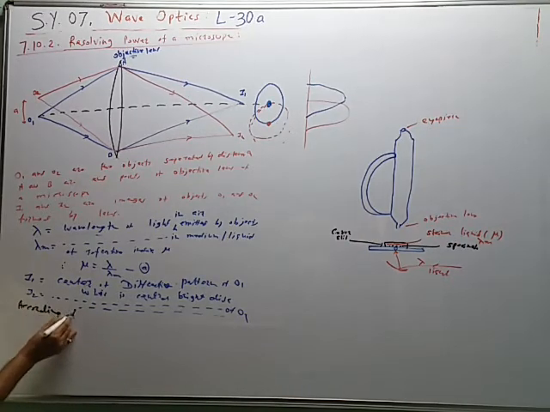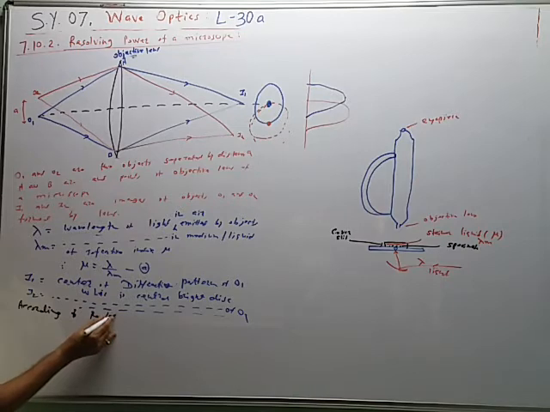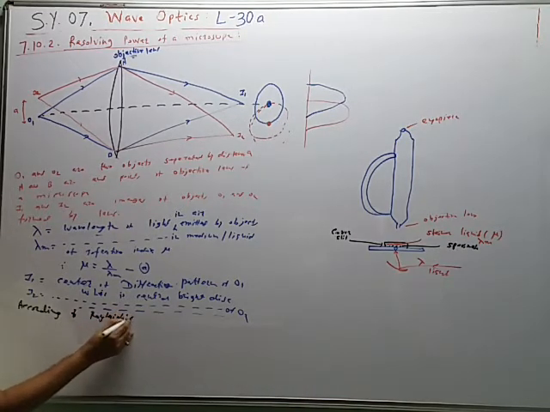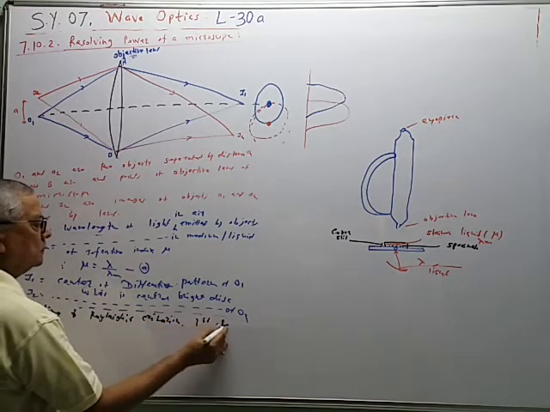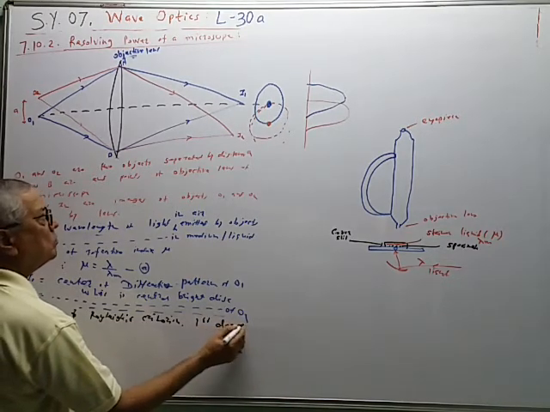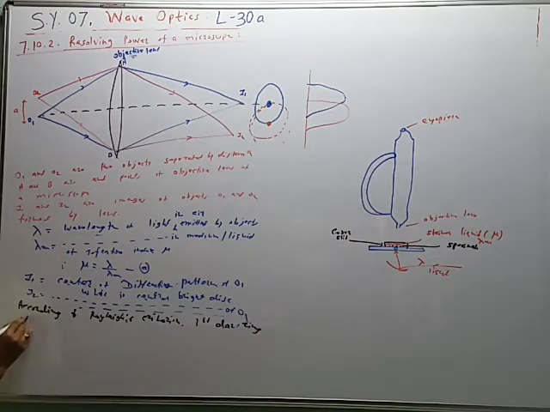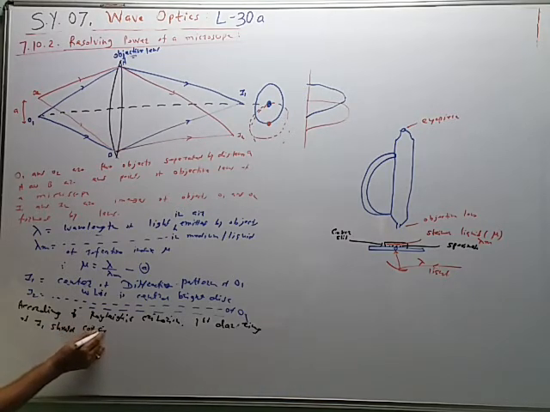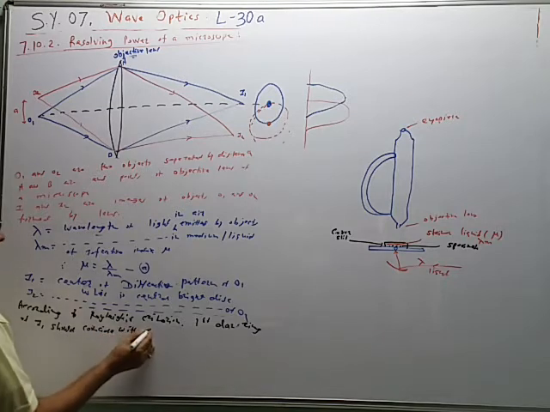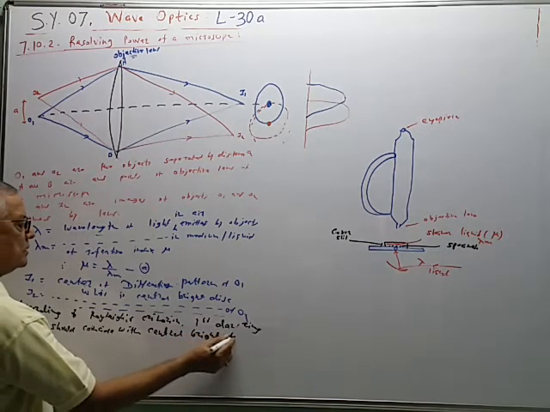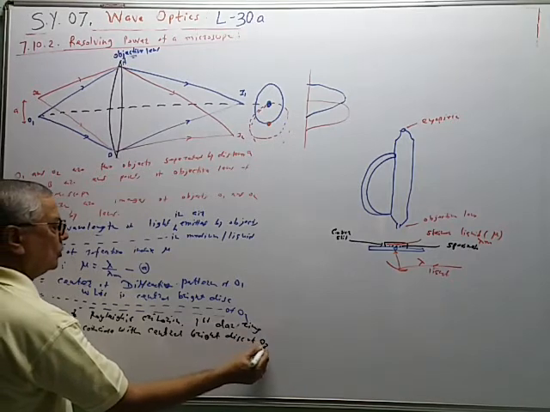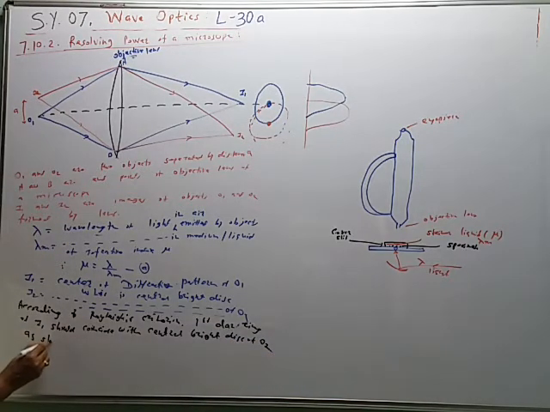According to Rayleigh's criterion, the first dark ring, the first minimum of I1, should coincide with the central bright disk of O2 as shown in figure 1.